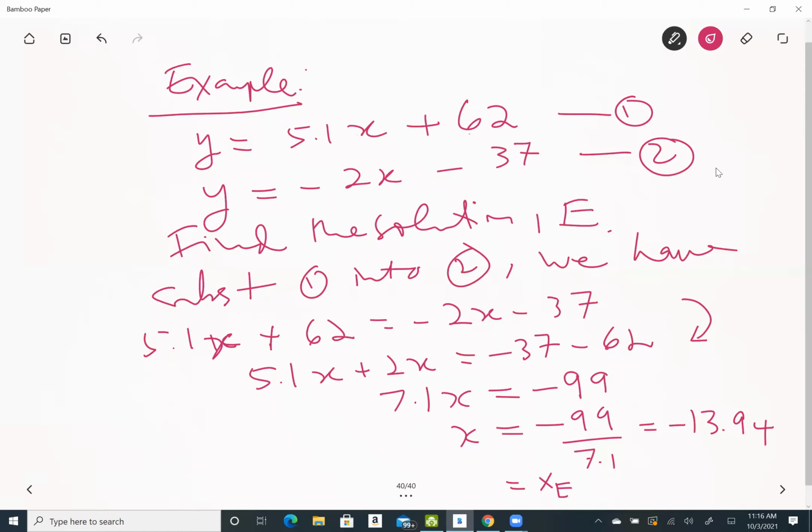If your name starts with A to M, substitute into number 1. If your name is N to Z, substitute into number 2. That way I have some people doing substitution into number 1, some into number 2, about half and half.